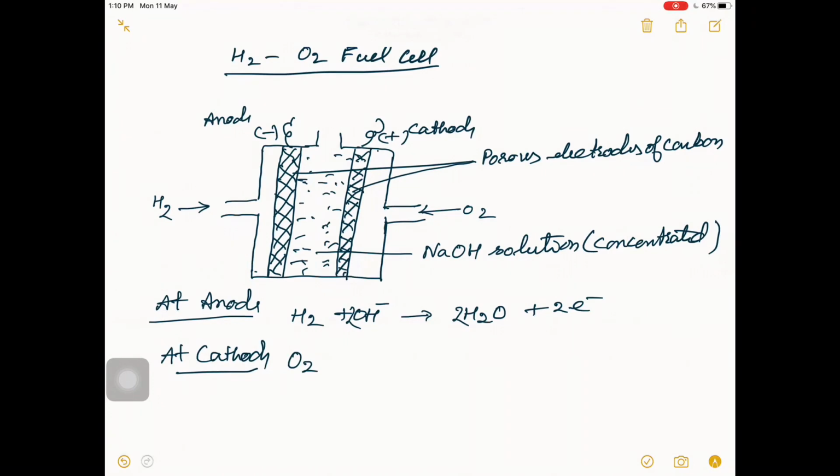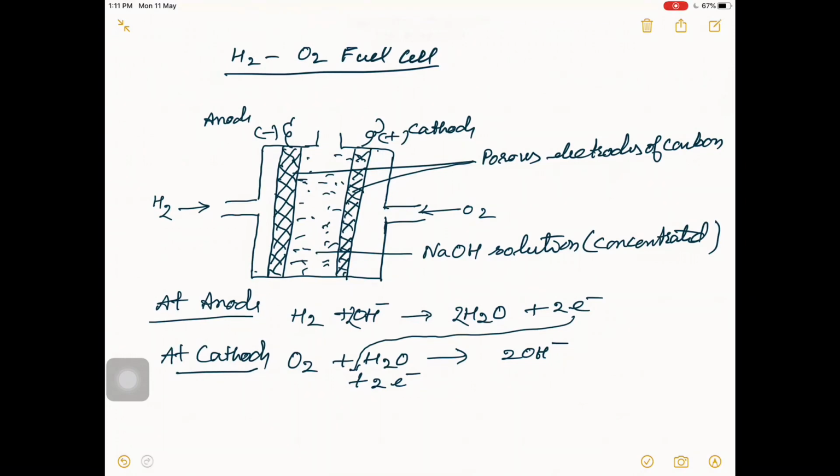And at the cathode, there will be reduction of oxygen. Oxygen will reduce in the presence of water, so hydroxyl ion will form, and the electrons released at the anode will be used.